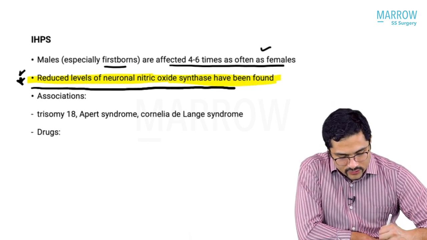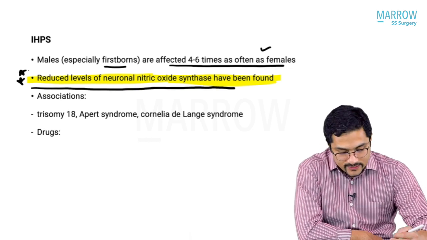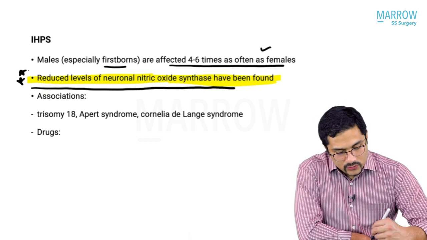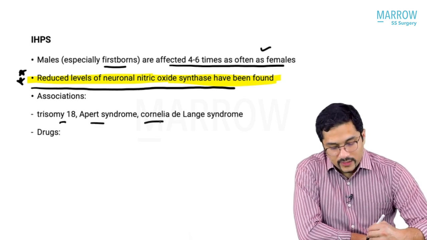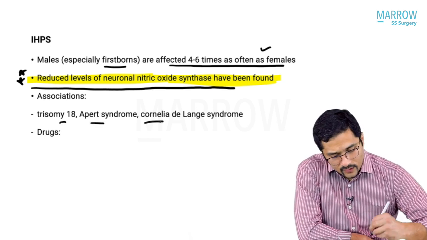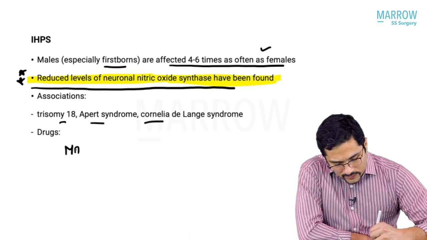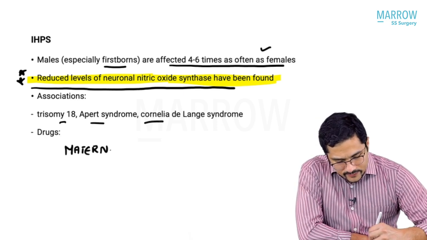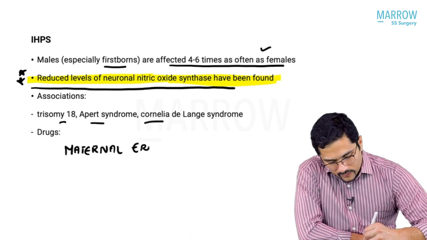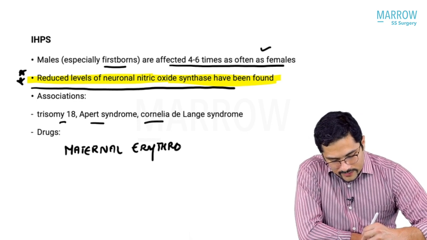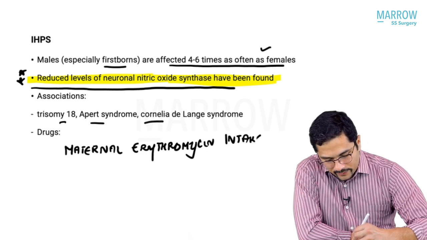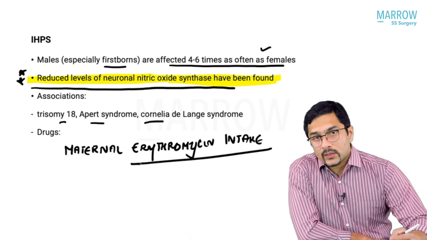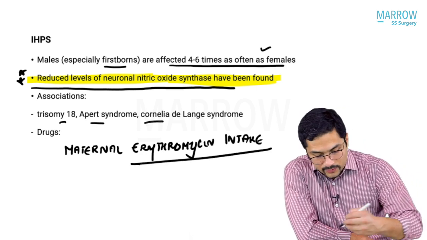There are reduced levels of neuronal nitric oxide synthase in these patients, and the associations are trisomy 18, Apert syndrome, or Cornelia de Lange syndrome. Also, maternal erythromycin intake has been linked with idiopathic hypertrophic pyloric stenosis. So, this is another thing which you should know about.